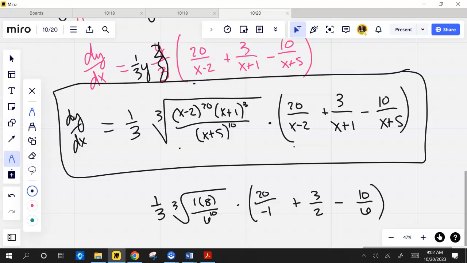I got negative 0.017 for the whole thing. I did 8 over 6 to the 10th. And I took the cubed root of that.